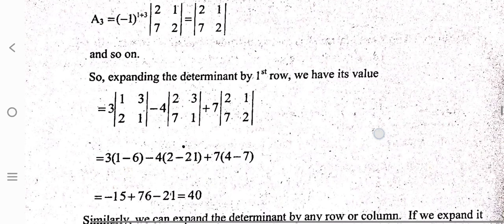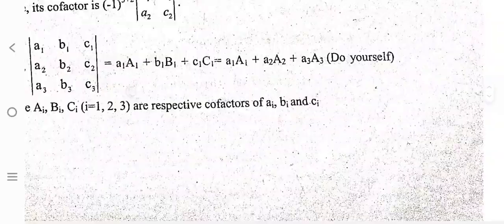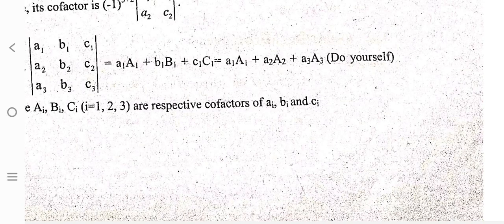So, expanding the determinant by the first row, we have its value. The first element multiplied by the cofactor of the first element, capital A1, plus the second element multiplied by the cofactor of the second element, plus the third element multiplied by the cofactor of the third element.